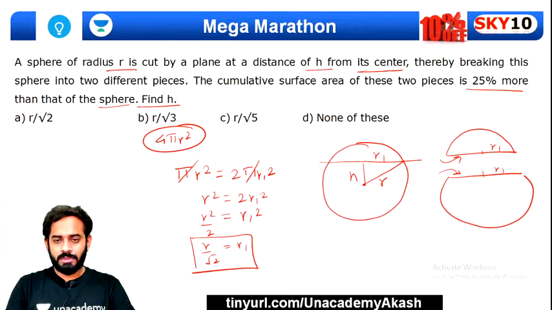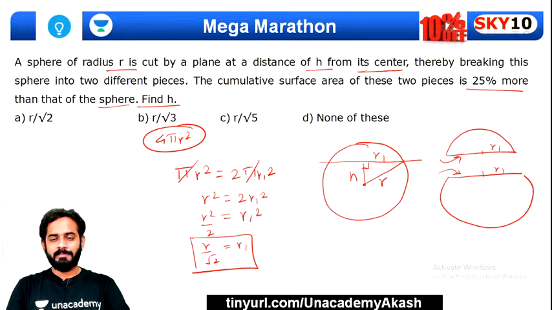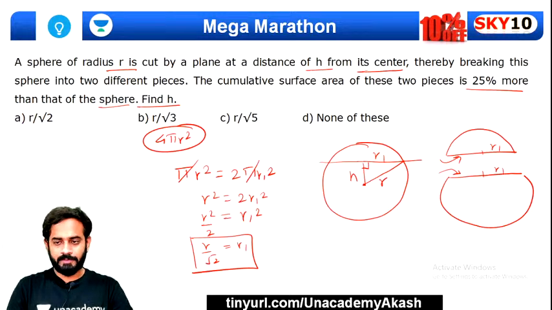Okay, now we know that this triangle is a right angle triangle, so we can use Pythagoras theorem over there. According to Pythagoras theorem, h square plus r1 square is equal to r square, right?